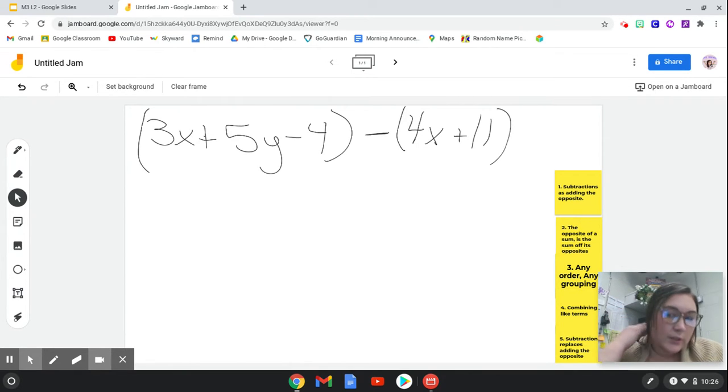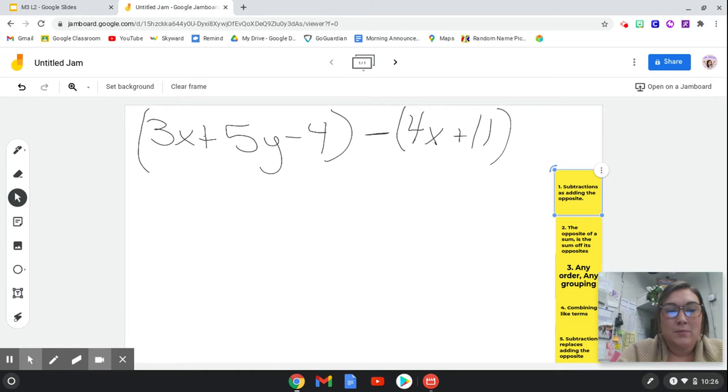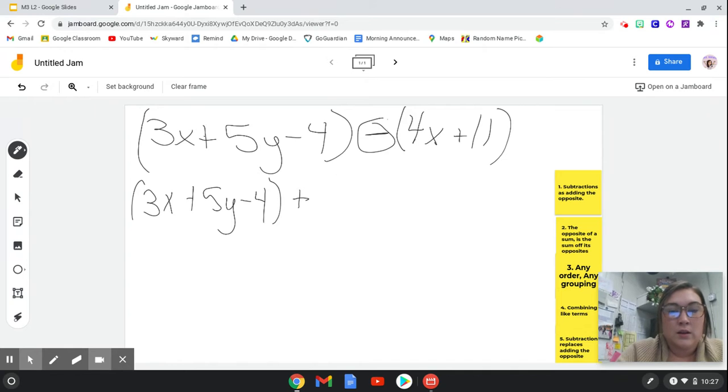Okay, so my first step I have over here on the side, we are going to make subtraction as adding the opposite. So that means I'm going to set my problem up as 3x plus 5y minus 4 plus, I changed that, and then I'm going to have a negative 4x plus 11.